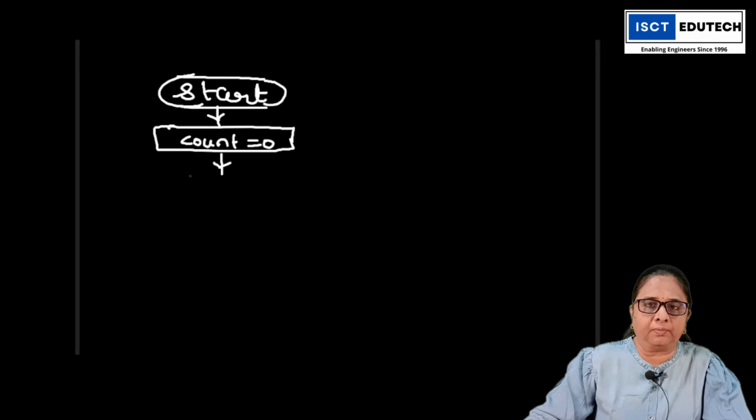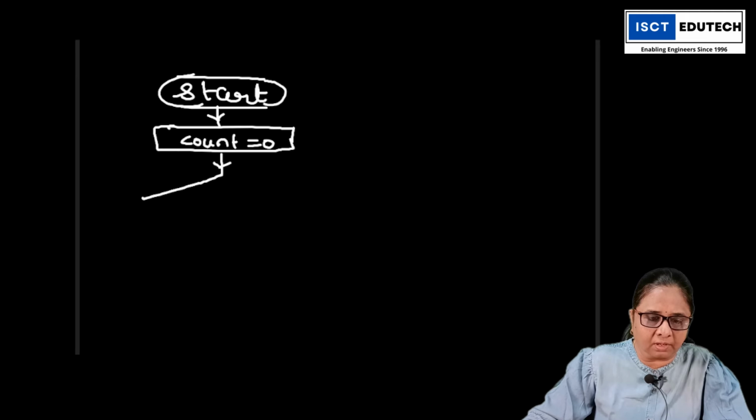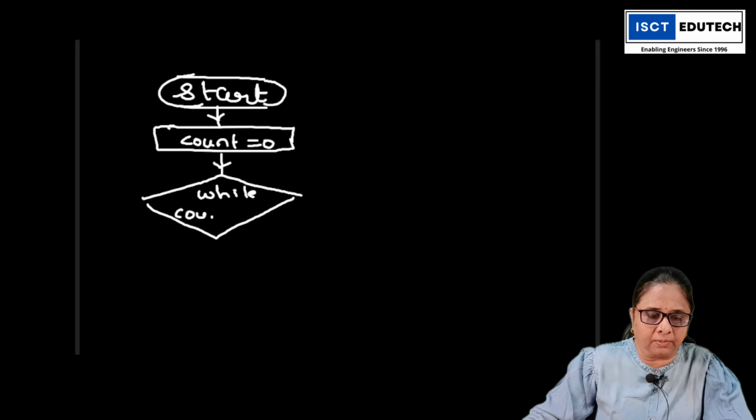Now, whatever I want to repeat, I will put it after the while condition. So now I'm putting the condition at the beginning. So this becomes pre-check. So what is the condition? Condition is while count is less than 5.